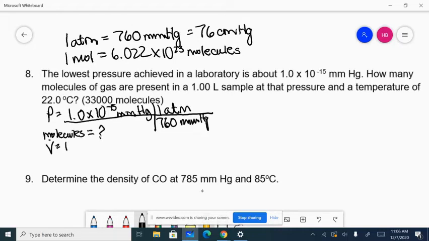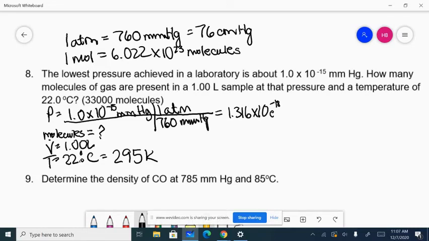The volume is 1 liter. And the temperature is 22 degrees Celsius, which is 295 K. Okay, I'm going to calculate this out. It's going to be 1.316 times 10 to the minus 18 atm.